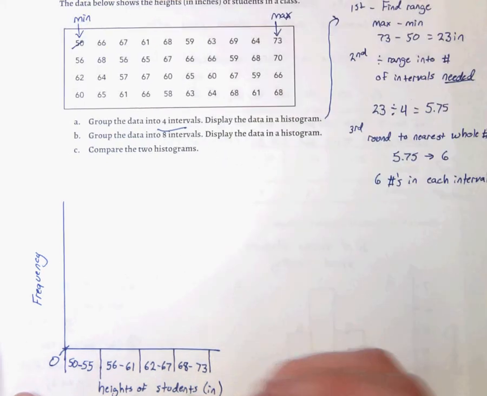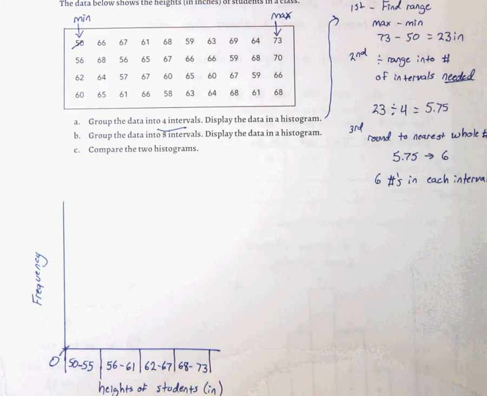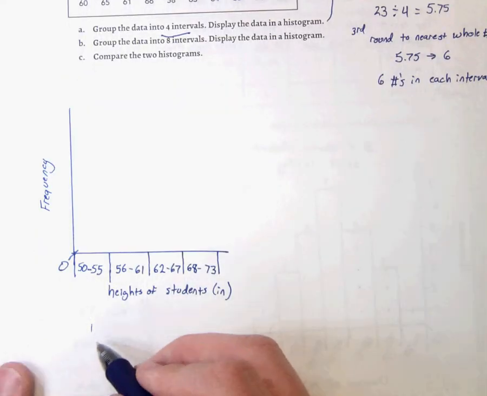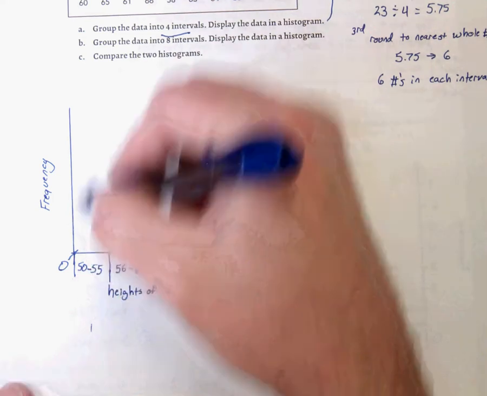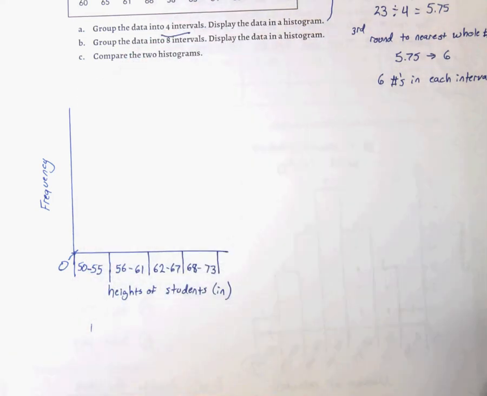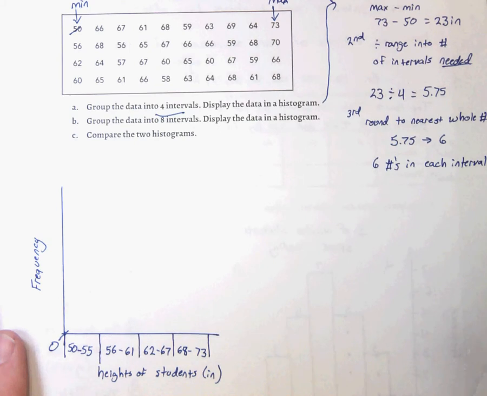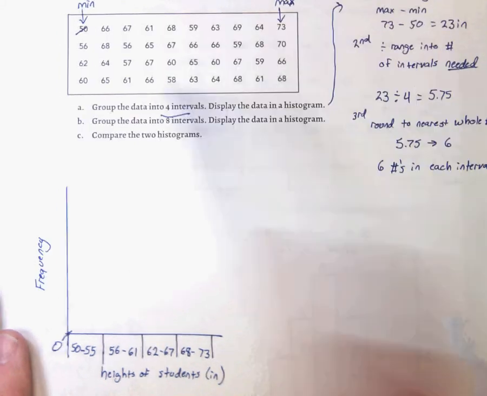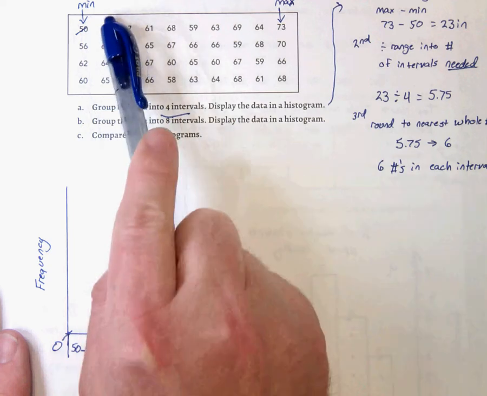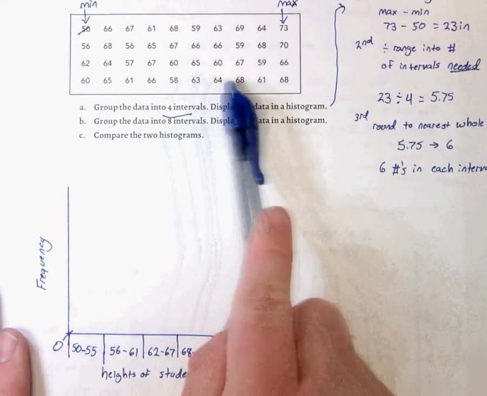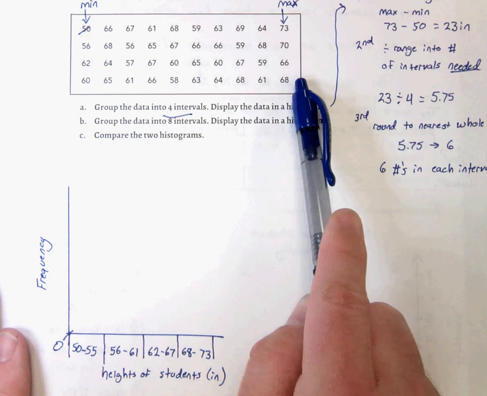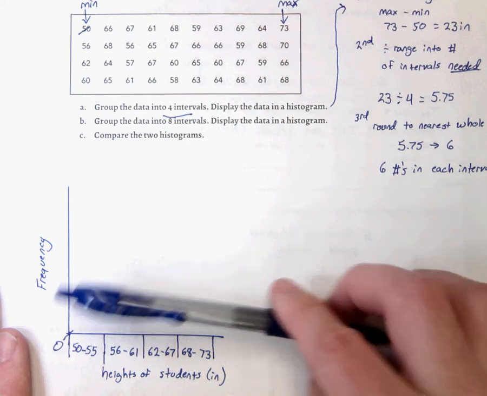Now, if you're thinking that seems like it might take forever, there's a different strategy. All you have to do is count how many people are in this class. There are 40 kids. So, one way is I could go up to 40. We might not want to though. So, we're going to stick with what we had going first.